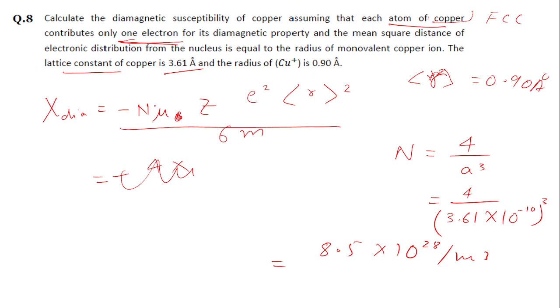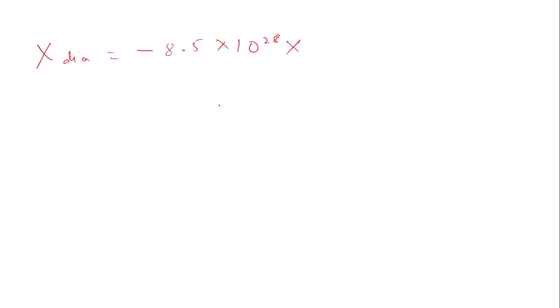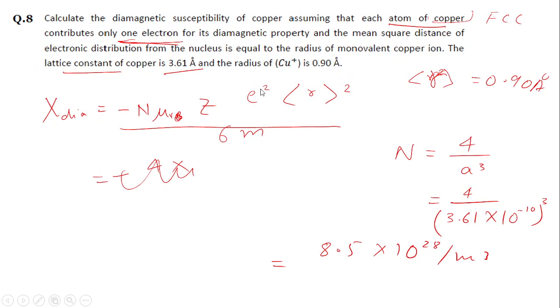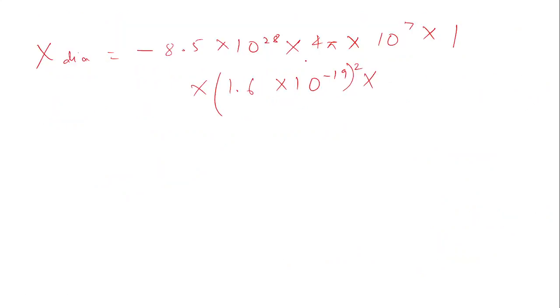This is the permeability, which is 4 pi times 10 to the power minus 7, and then number of electrons 1, because every atom is contributing 1, and then charge of electron 1.6 times 10 to the power minus 19, E square, and then this is 0.9 angstrom to meter, so it will be 10 to the power minus 10, whole square.